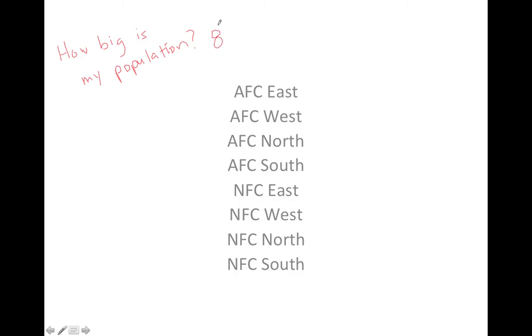Really, I want to concern myself with how many digits this population takes up. It's just 1 digit. So using my random number table, I'm going to count off by 1 digit. I'm going to simply assign these divisions the numbers 1 through 8: 1, 2, 3, 4, 5, 6, 7, and 8.